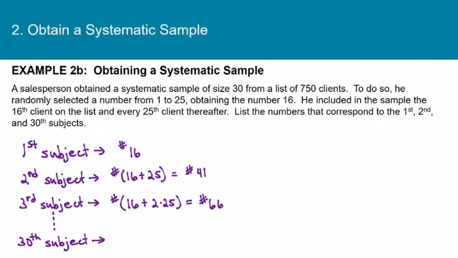For the second subject, we added 1 K. For the third subject, we added 2 K's. So the number of K's we add is always one less than the subject we want. So if we want the 30th subject, we should add 29 K's. So that's going to be 16 plus 29 times 25, and you can do that on your calculator, and you'll get client number 741.